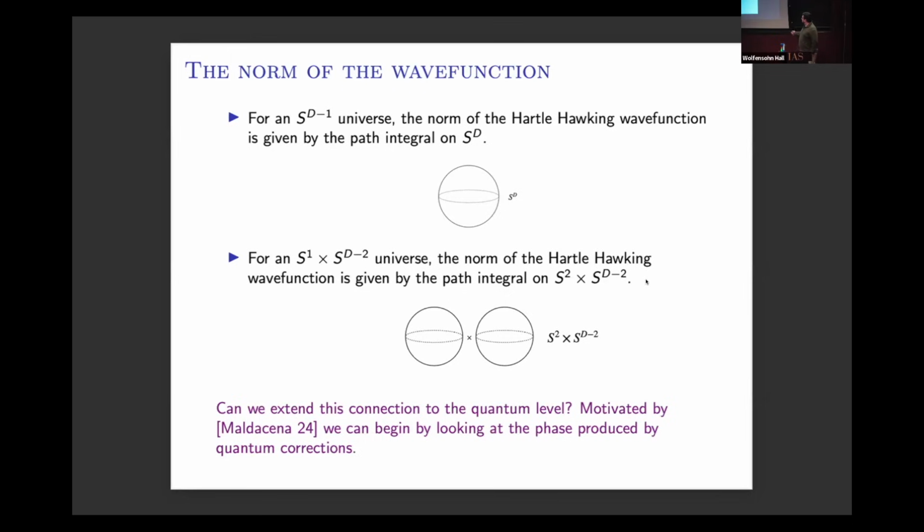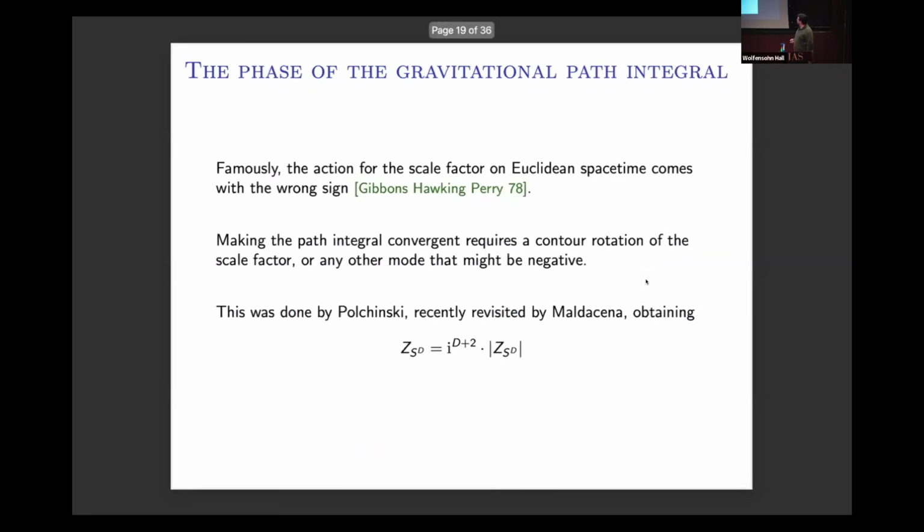But before doing this, motivated by this paper by Juan from last year, we decided to look at the phase of the path integral first, since if the norm is related to the path integral on these spaces, we expect it to be real and positive. Well, this is a bit of a repeat of what Douglas said.